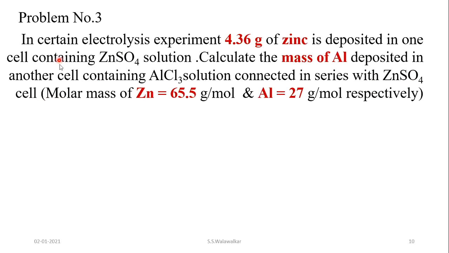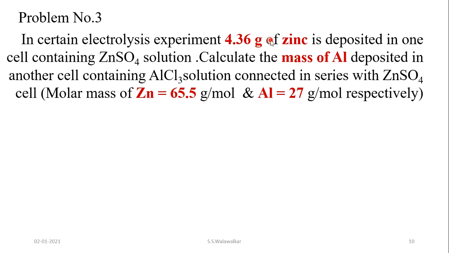Now here this is a problem based on Faraday's second law, that is, two different electrolytes are there, that is zinc sulfate and aluminium chloride, and these two electrolytes or cells, electrolytic cells, are connected in series and the same quantity of electricity is passed through both these electrolytic cells.